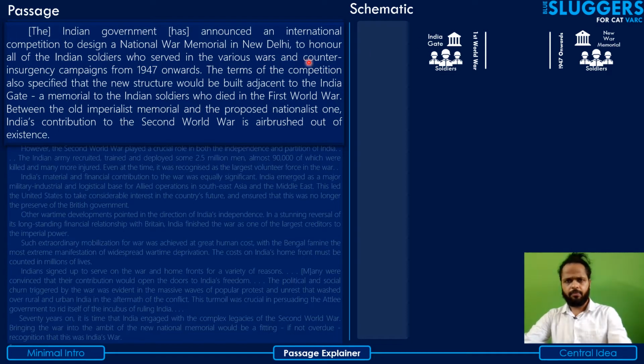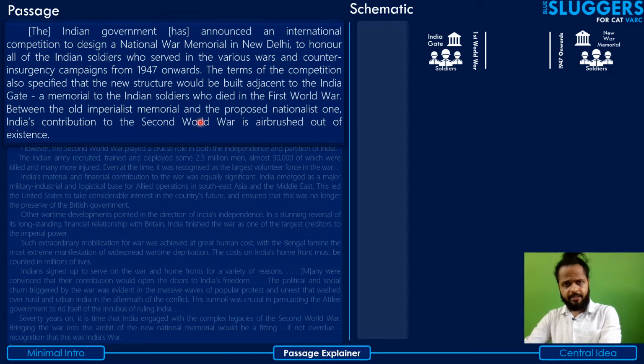From this we get to know that the India Gate is a memorial that was built to pay respect to the Indian soldiers who lost their lives in the First World War, and the new memorial is being planned to pay respect to the soldiers who served from 1947 onwards.